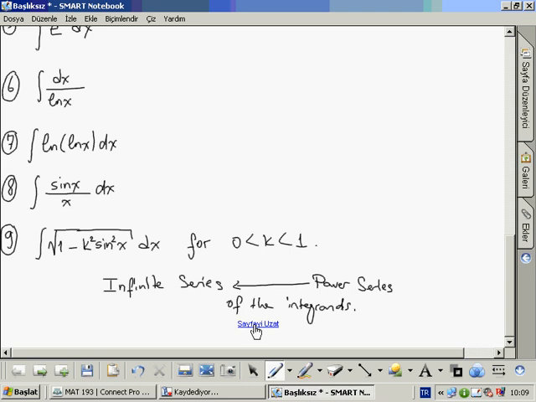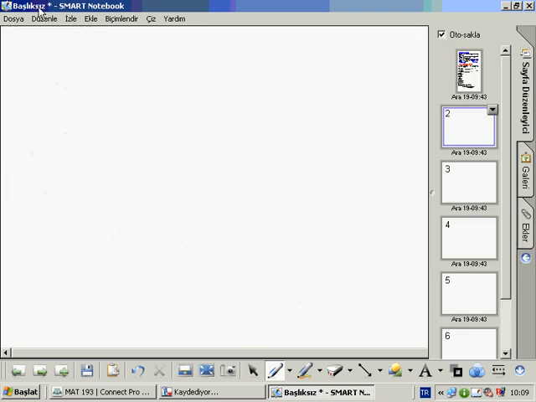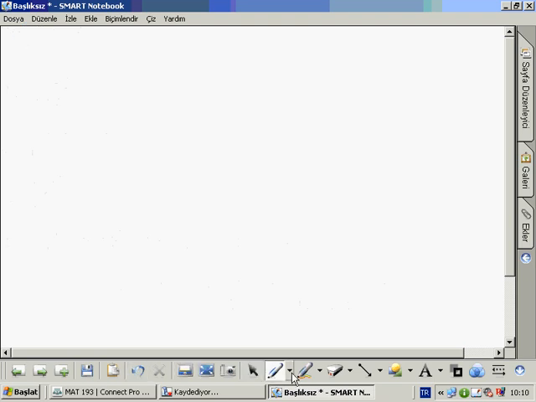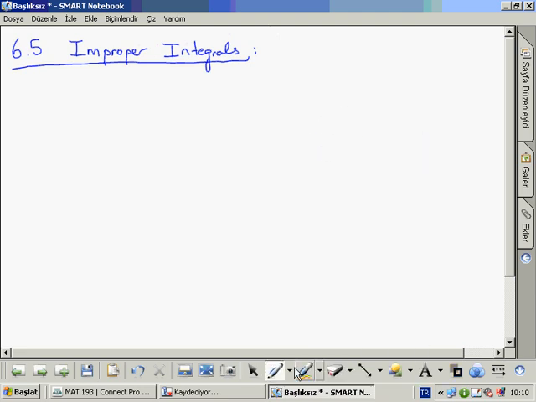And now we can continue with 6.5, which is the improper integrals. To understand this, let me continue with example one from your book.